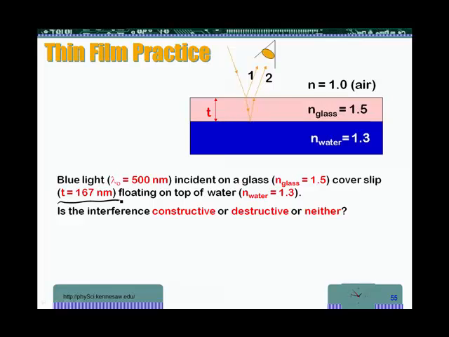Okay. So what we do is we calculate twice times the thickness. Twice times the thickness, that's 2 times 167, so that's 334 nanometers.